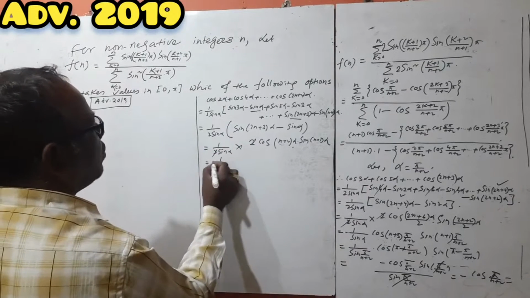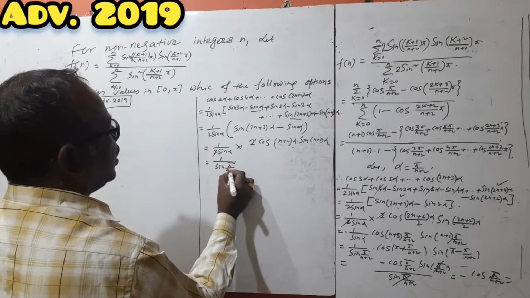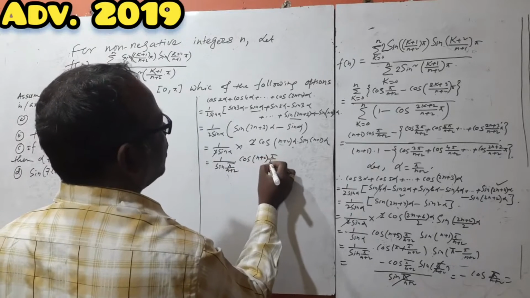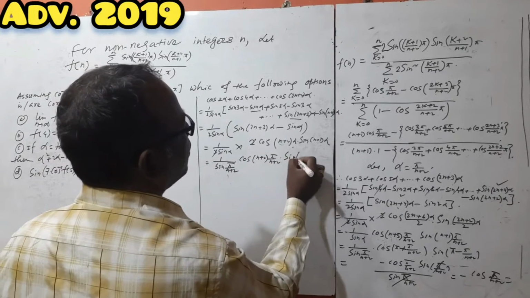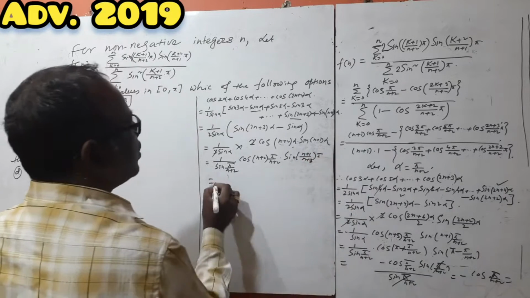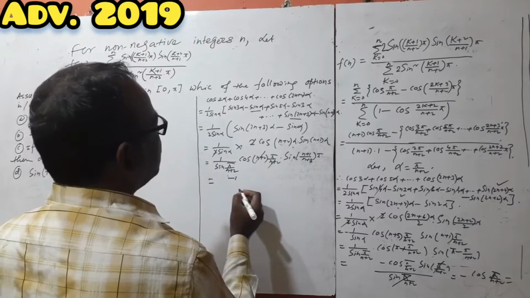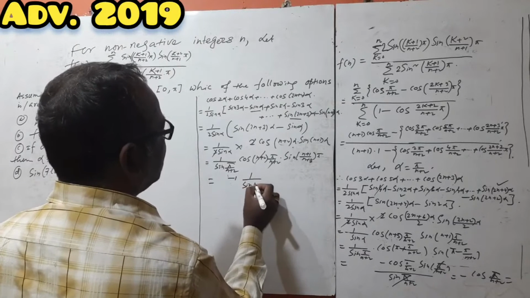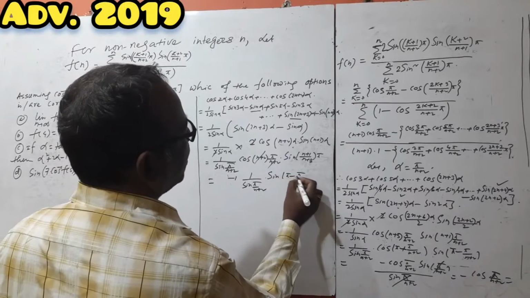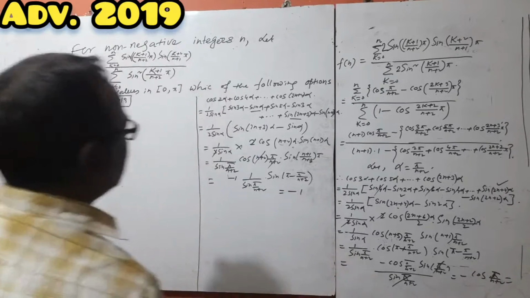The 2 is cancelled out, 1 over sine alpha, alpha means pi over n+2, and this is cos of (n+2) and pi over n+2, and this is sine of (n+1)/(n+2) into pi. So this is cancelled out, cos pi is here minus 1. So 1 over sine of pi by n+2, and this is actually pi minus pi by n+2. So this is here minus 1.